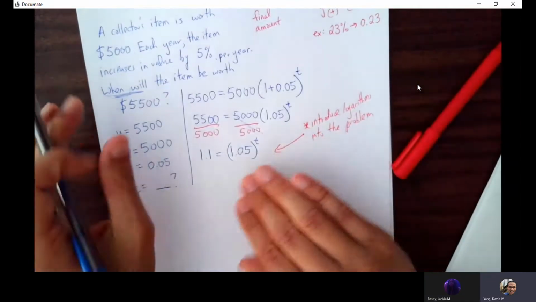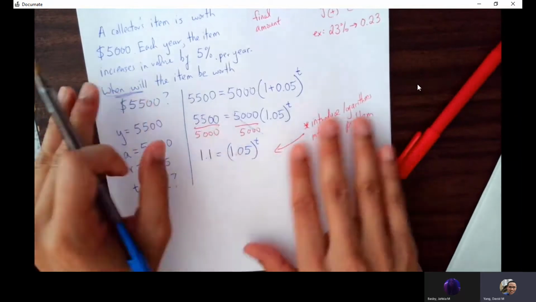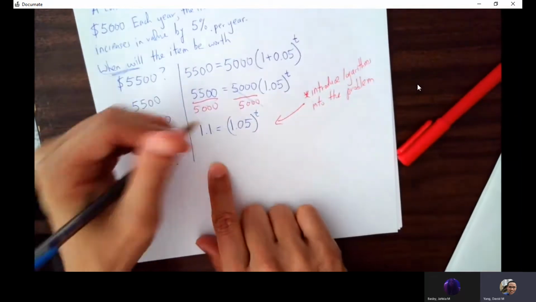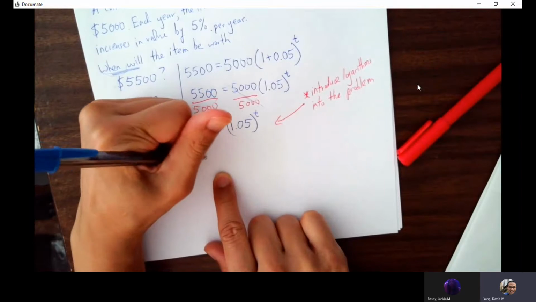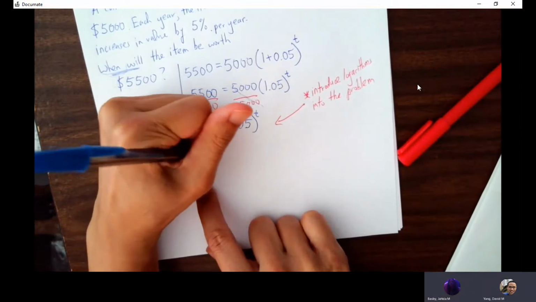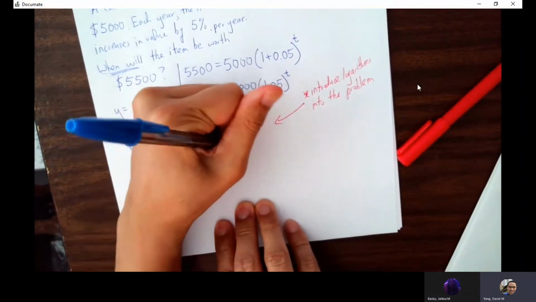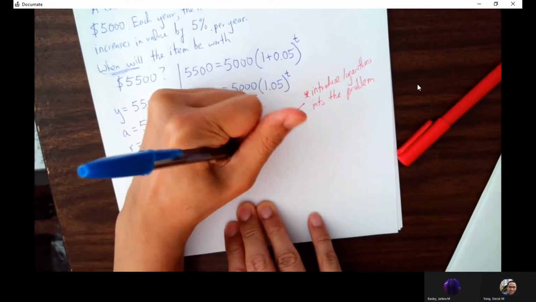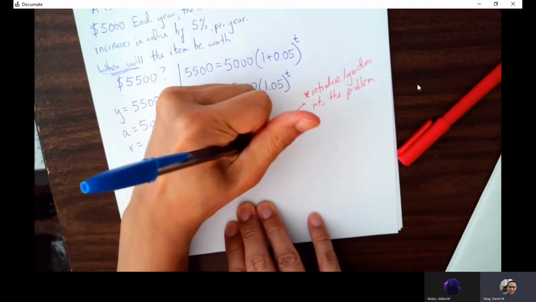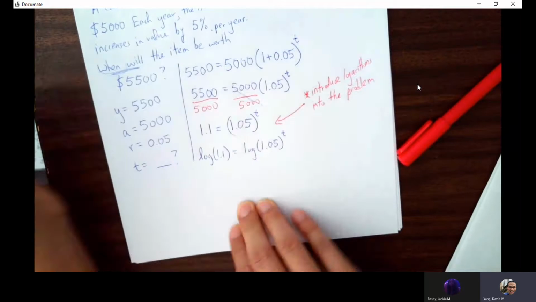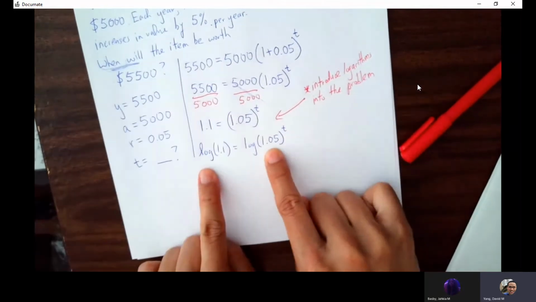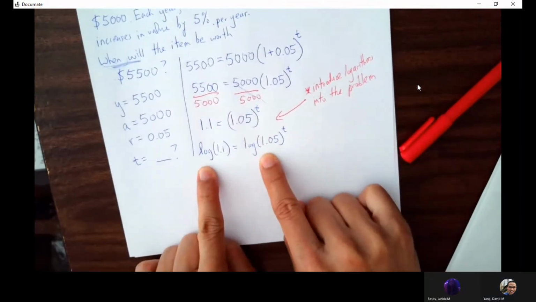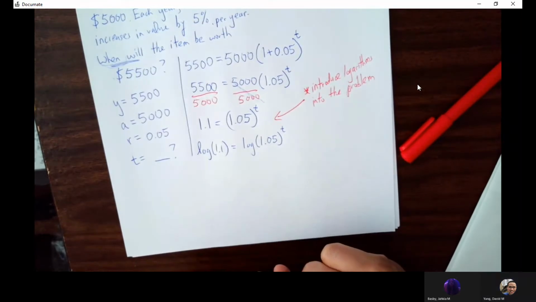Anything we do to one side, as long as we keep it balanced, we can do to the other side. So I'm going to say log of 1.1 is equal to log of 1.05 raised to the t. Okay, good so far?